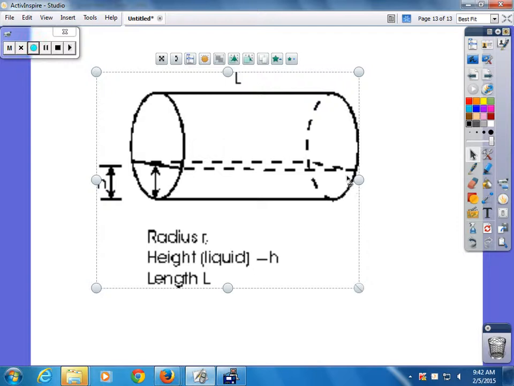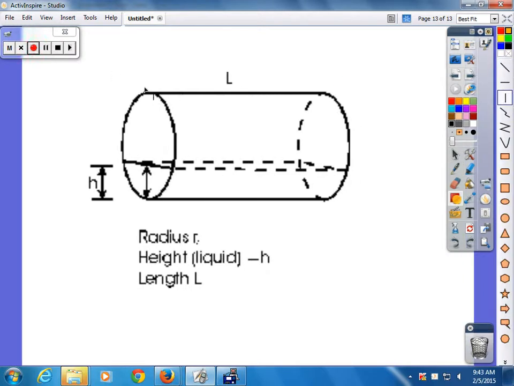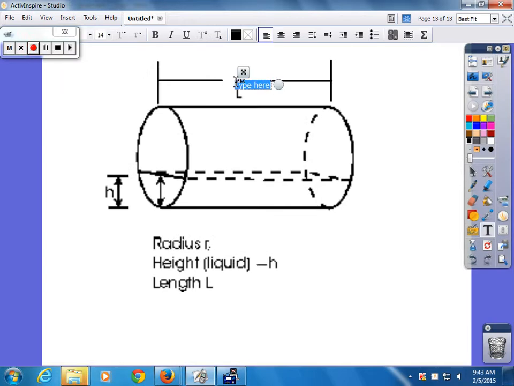We've got a tank, and this tank is 12 feet in length, and it has a radius of 4 foot.